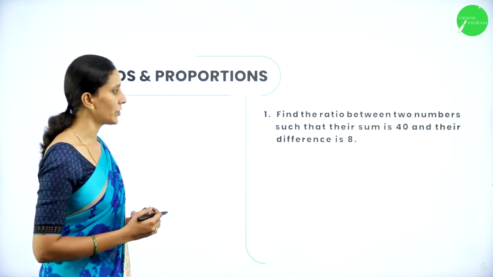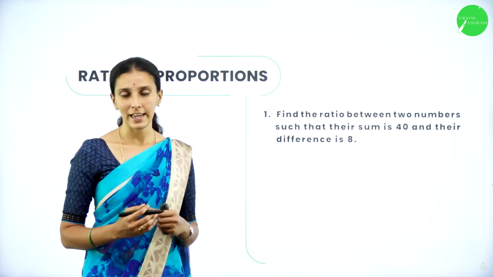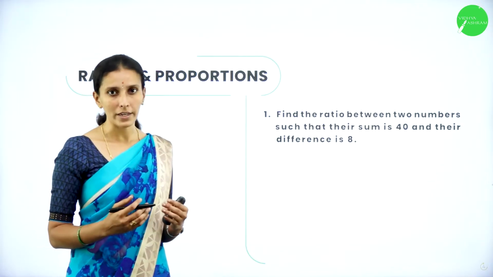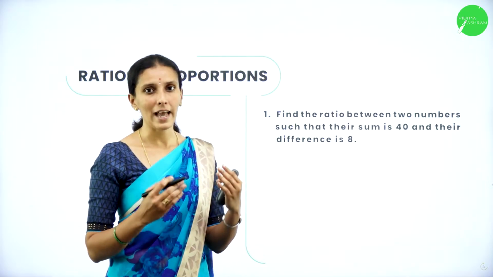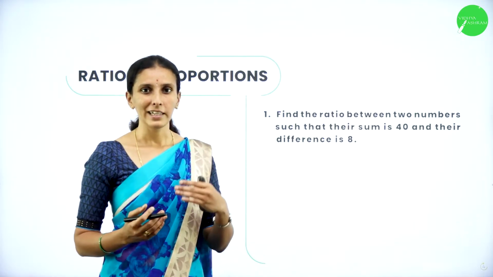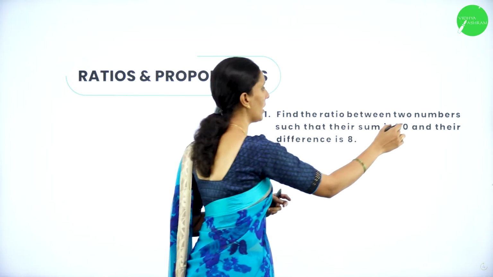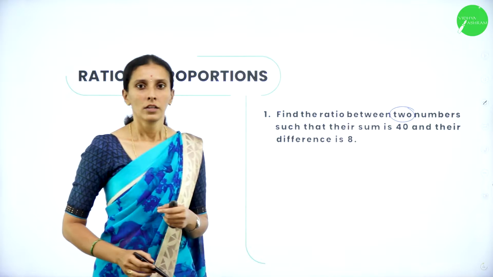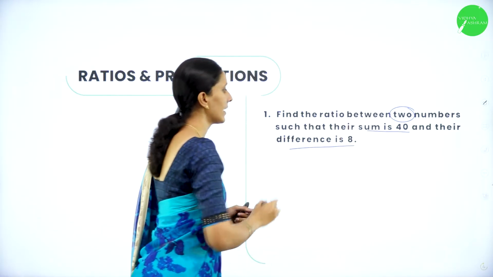Find the ratio between two numbers such that their sum is 40 and their difference is 8. So when you have an unknown quantity, whenever you do not know anything, you are supposed to take an algebraic variable, either x, y, or a, b. So here they have given two numbers. Their sum is 40 and their difference is 8.